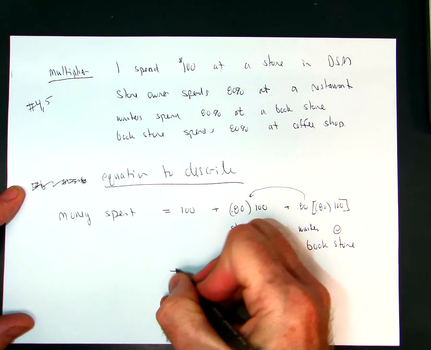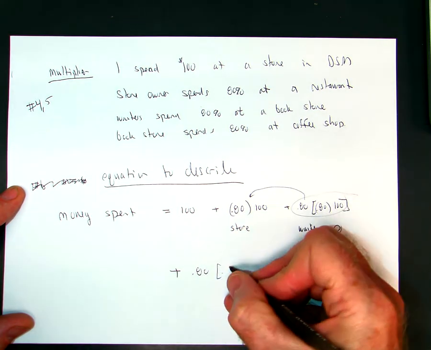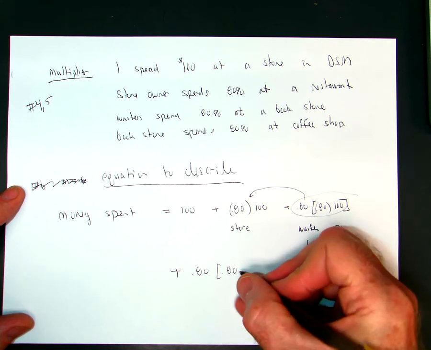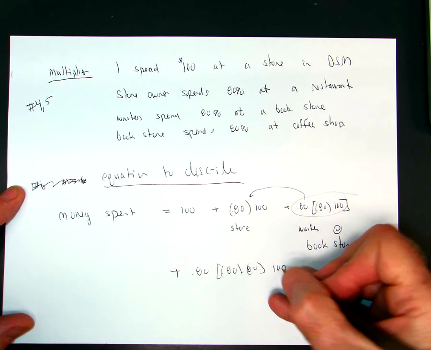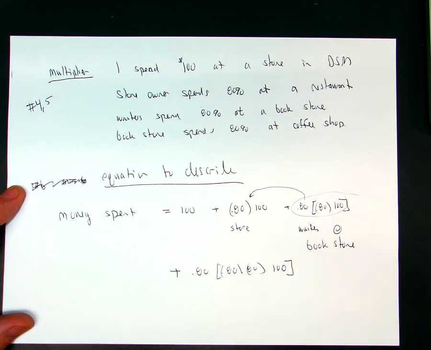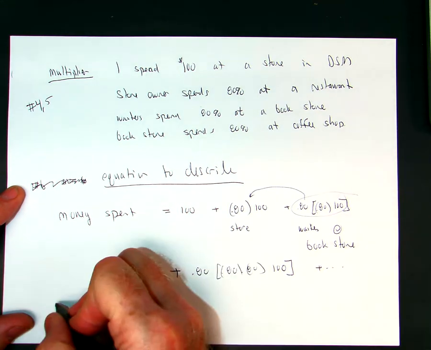Now the bookstore people spend 80% of this at a coffee shop, and so on. So we're going to say this finishes. Now, I'm going to find out how much money is spent.